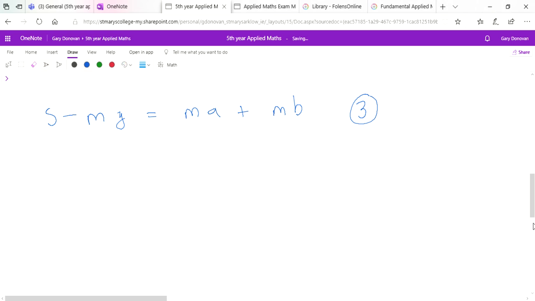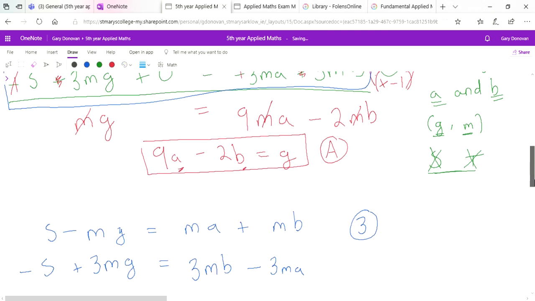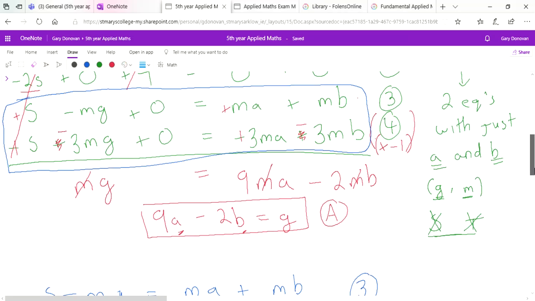And equation 4 was minus s plus 3mg equals 3mb minus 3ma. Was that correct? Is that what I had in the last one? Yeah. Minus s plus 3mg.